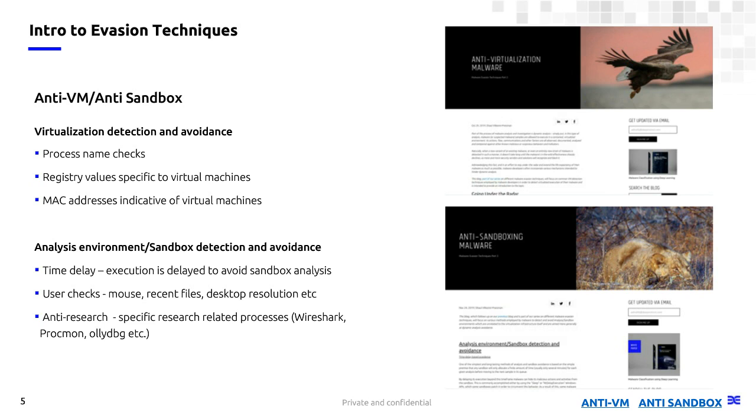For anti-virtualization, there are many techniques. I just provided a few examples here in the slide. The first is process name checks. Malware can check if specific processes are running inside the machine that it infected in order to see if this machine is a virtual machine, because some virtual machines, if they're not modified, run very, very specific processes.